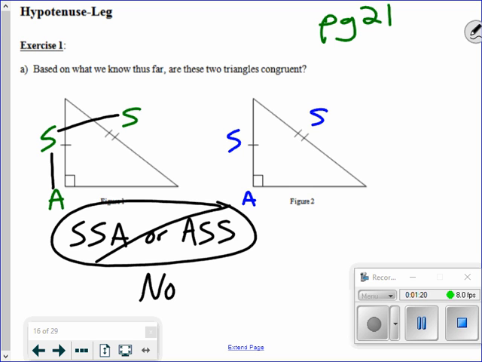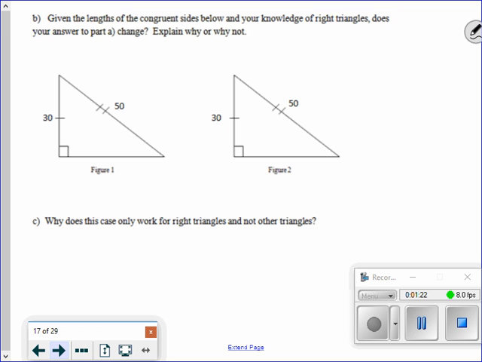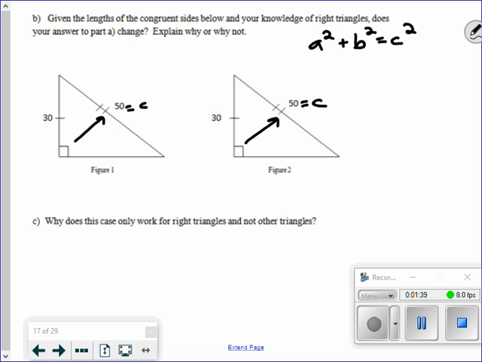But since these are right triangles, we could use the Pythagorean theorem to solve for the missing side. So Pythagorean theorem looks like that. The main thing we need to know is that C has to be the hypotenuse across from the right angle.